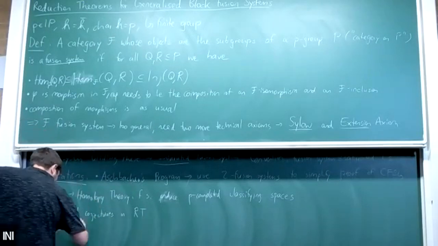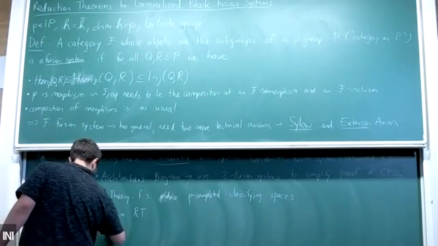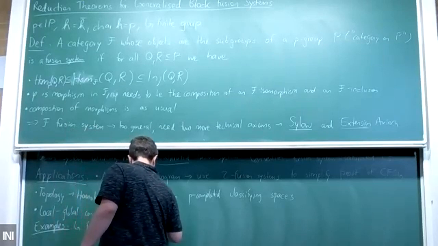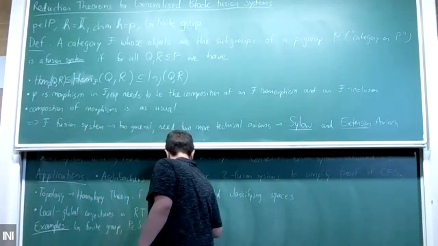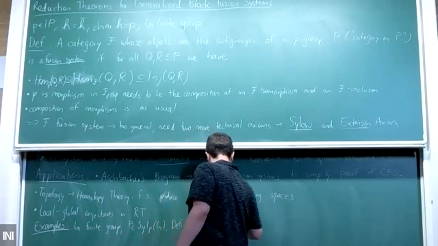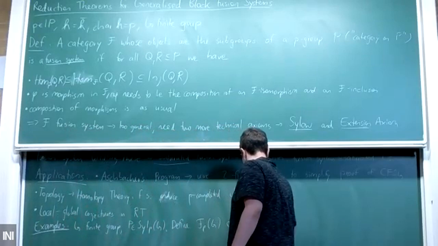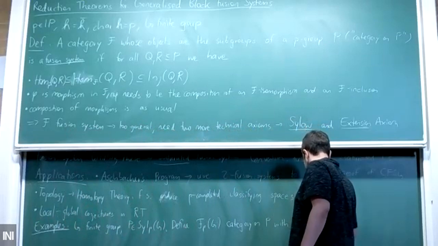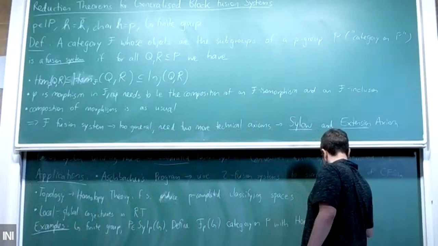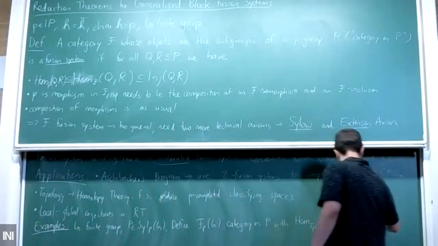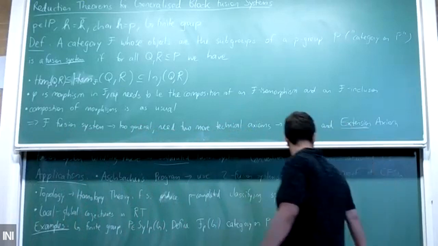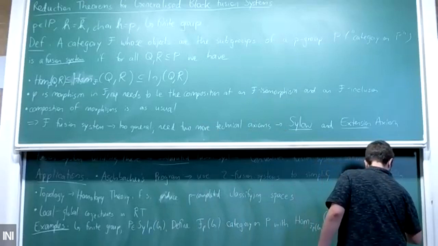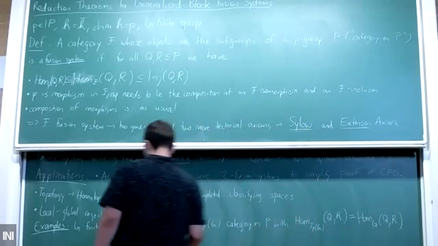Well, the most hands-on example is we do the following: we take a finite group G, we take a Sylow p-subgroup P of G, we then define F_P(G) to be the category on P with homomorphisms for two subgroups Q and R of P to be just the conjugation maps induced by an element in G where it's well defined.